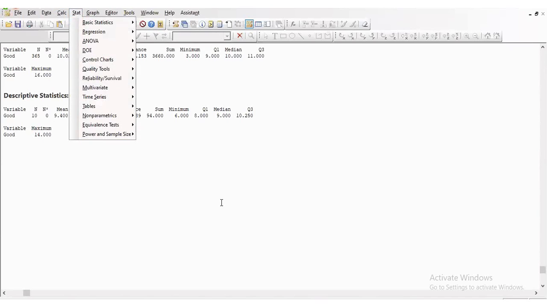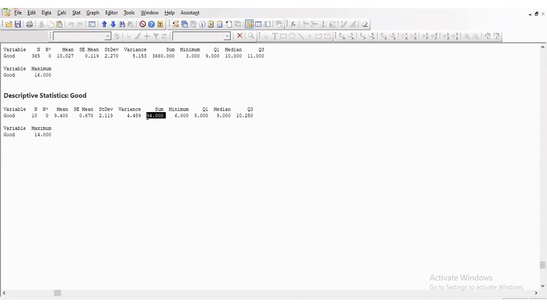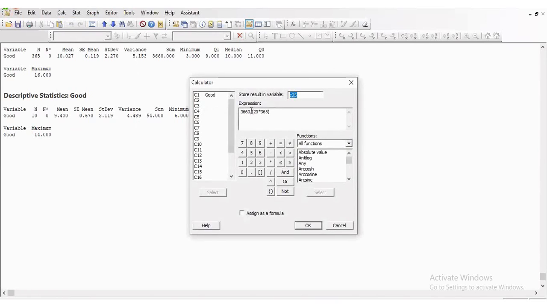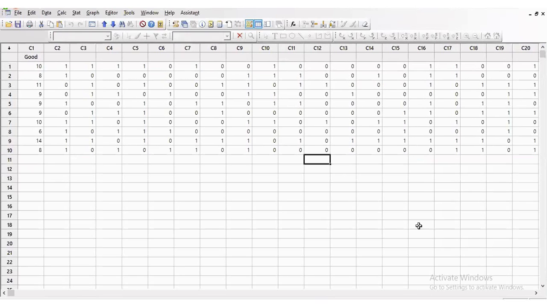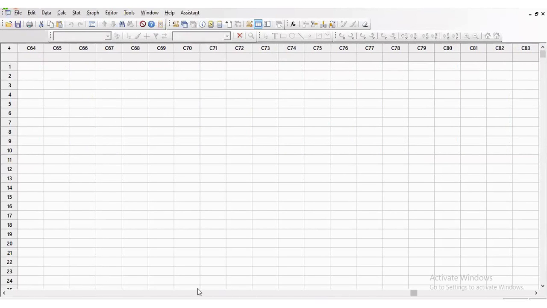I need to add all those things. 94 divided by... let me use the calculator. 94 divided by this, right? 20 into 3, 20 into how many? 10 only. So no guys, I collected only 10 days, not 365 days. How much have we got?